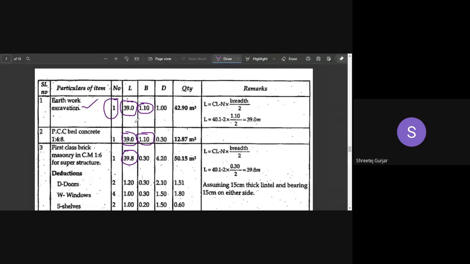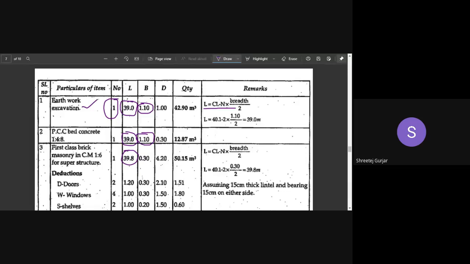Coming to the length calculation, I have told you for length we will be using this formula: CL minus N into b by 2. The centerline length we know is 40.1, which we have calculated. So L is equal to 40.1 minus N into b by 2. N is the number of T junctions, that is 2. In this plan we have 2 junctions.